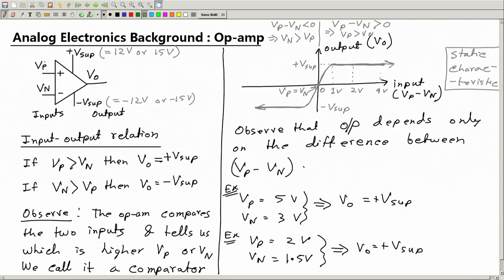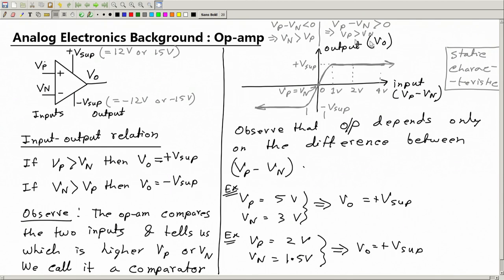At this moment I do not care whether this is a straight line or a curved line. The important fact is that near this region, where VP is close to VN, output changes gradually from negative to positive.